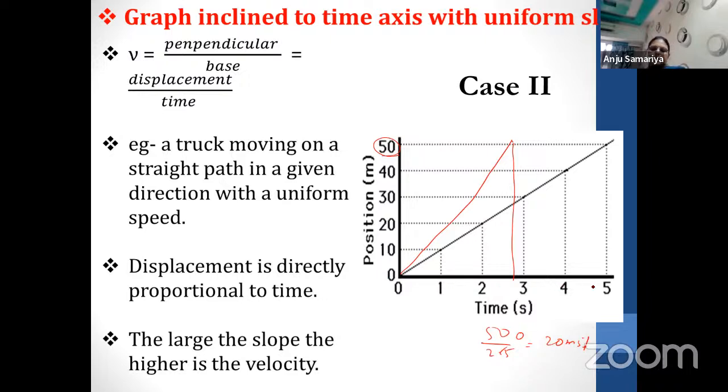But at present, this graph is saying 50 meters in 5 seconds, so it becomes 10 meters per second. So the larger the slope, the more the velocity or speed. Since it is a displacement time graph, we will say velocity. Clear?